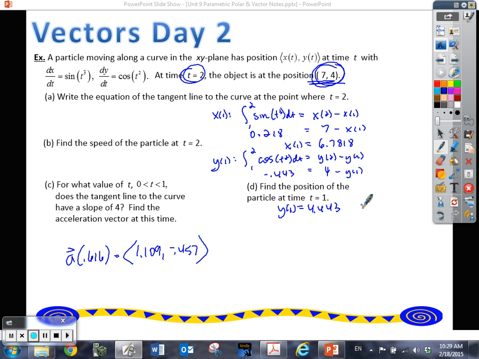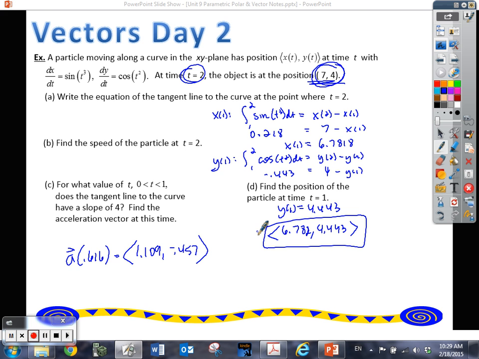And so our position, we have it, x1 and y1. 6.781, or we can truncate or round. We'll round. 6.782 and 4.443. Okay, how is that?